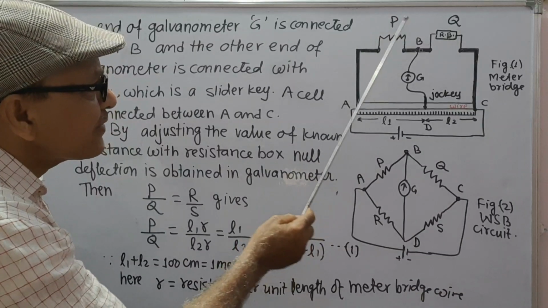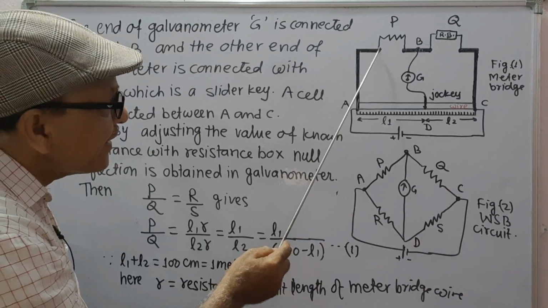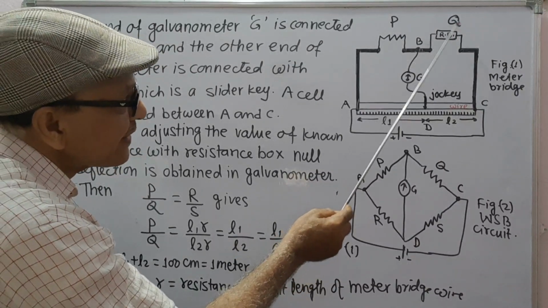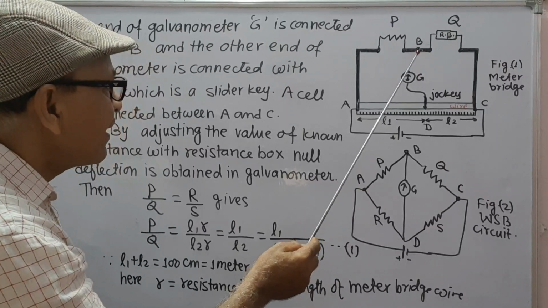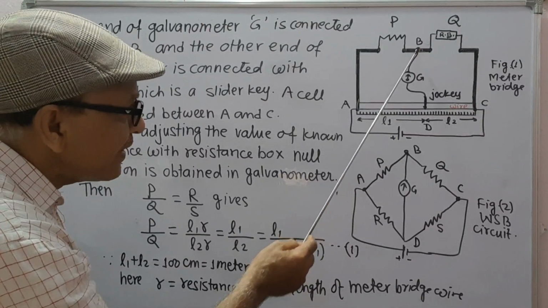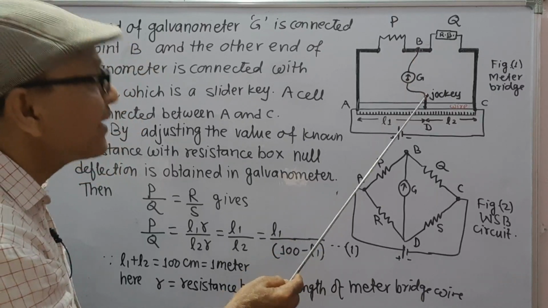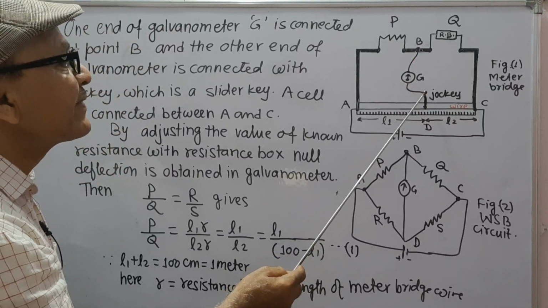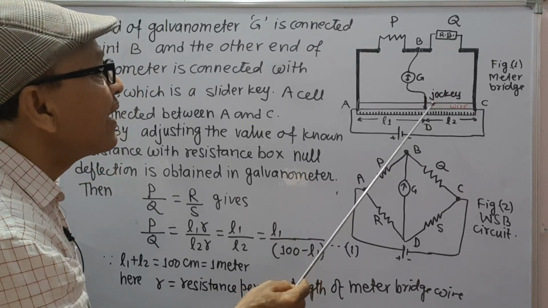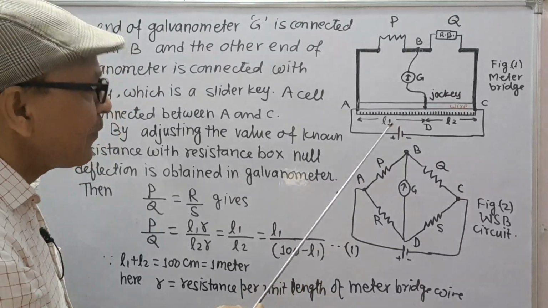Given unknown resistance P is connected in one gap, and a known resistance with resistance box is connected in the second gap. One end of galvanometer G is connected at point B, and the other end of galvanometer is connected with the jockey, which can be moved on the wire.